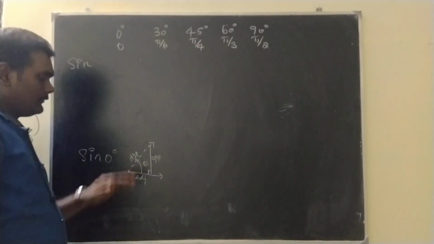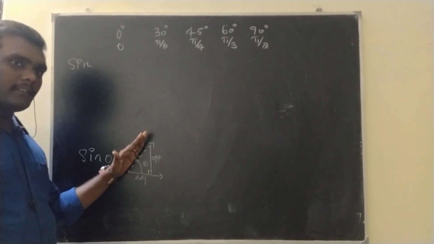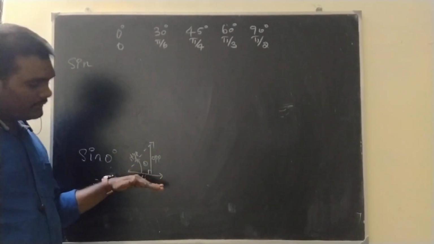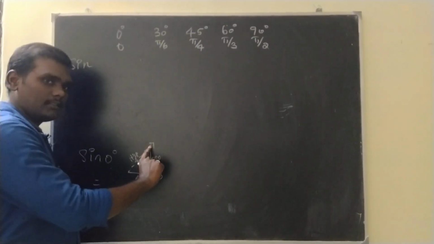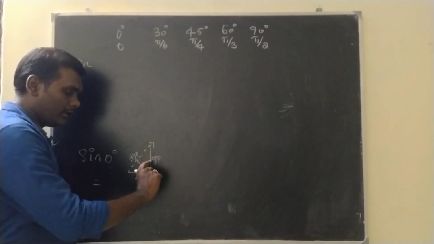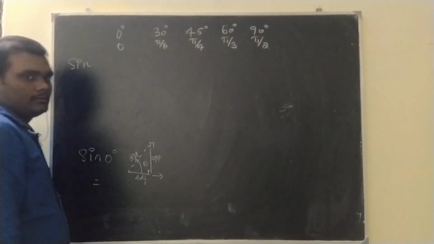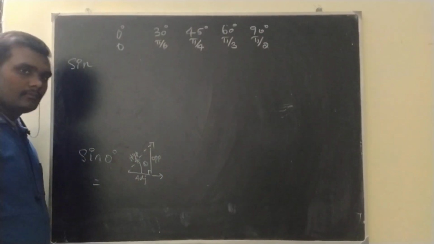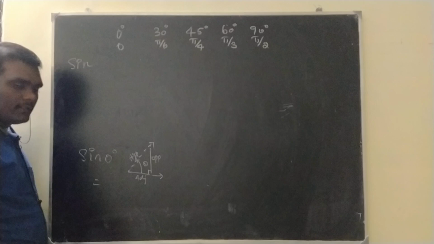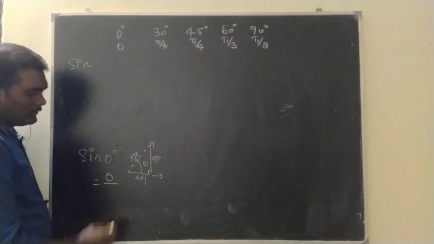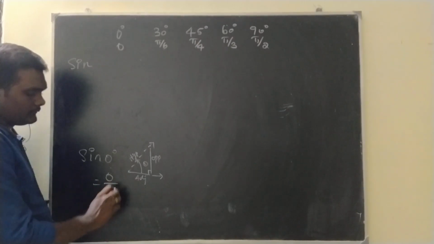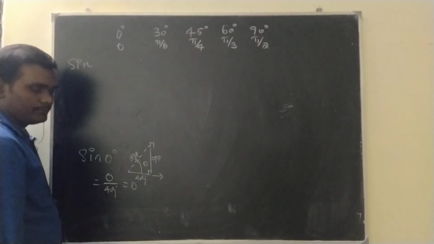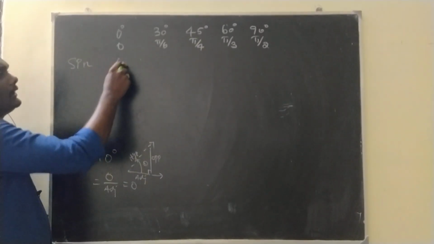This opposite side ray will coincide with this ray. So the opposite side reduces to what length? 0. Opposite side 0 divided by adjacent side, we don't care what it is. So the value is 0. So sine 0 is 0.